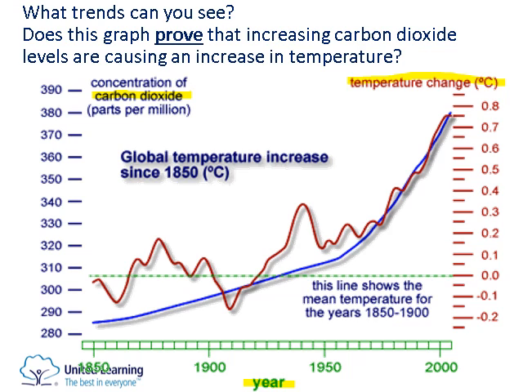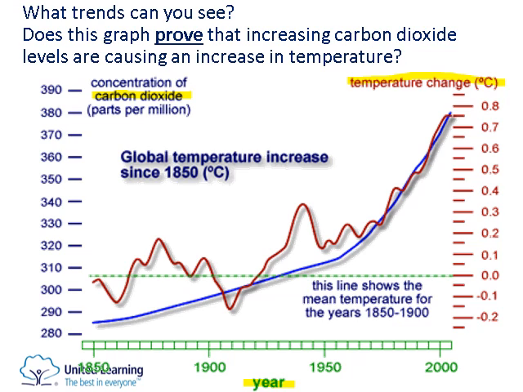So what we can see is that the temperature change in red fluctuates, so it goes up and down. But the carbon dioxide concentration has gone up in a smoother curve. So actually both the temperature change and carbon dioxide concentrations have increased.